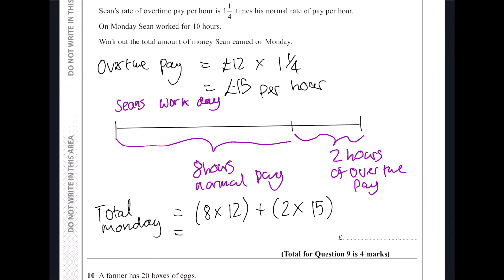So 8 times 12 I think is 96, and then 2 times 15 is 30. Adding these two up gives us 126, in units of pounds, so that's the total that he makes.